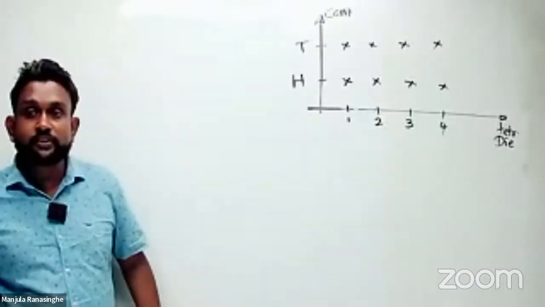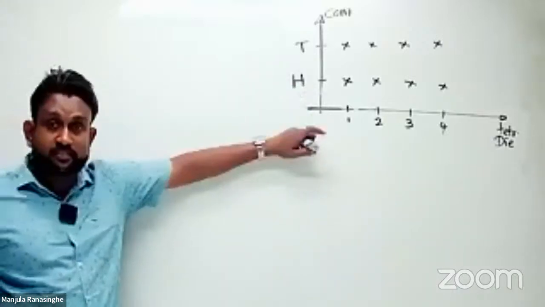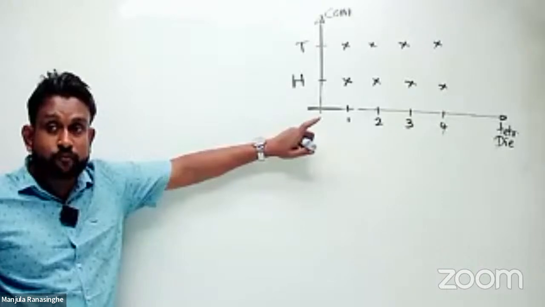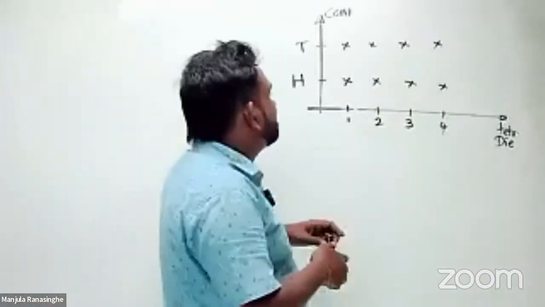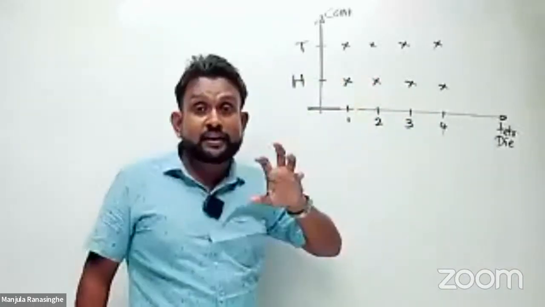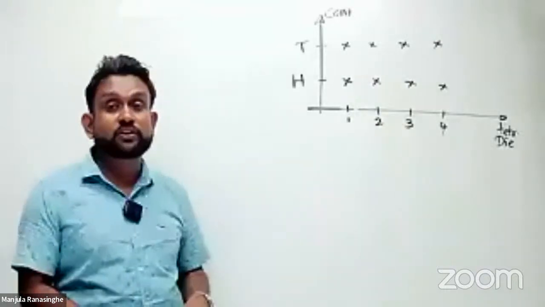Sample space is 2 marks in the paper. Show the event B of obtaining a number less than 4 on the die and obtaining a tail of the coin.